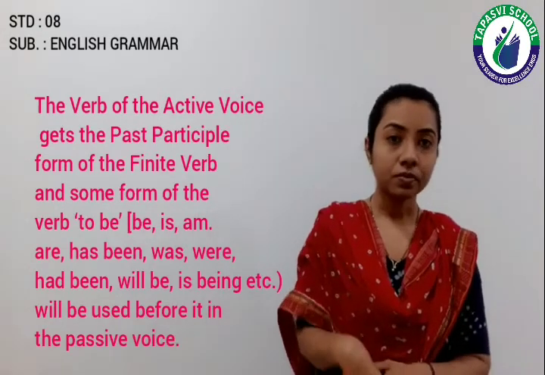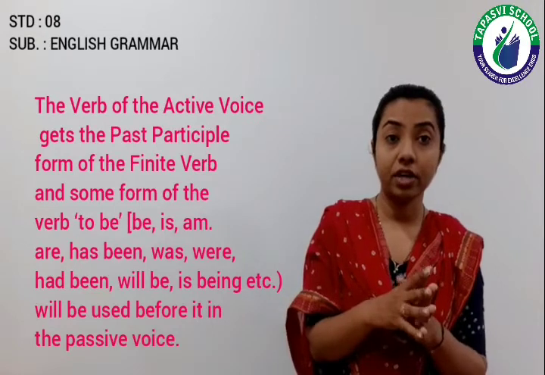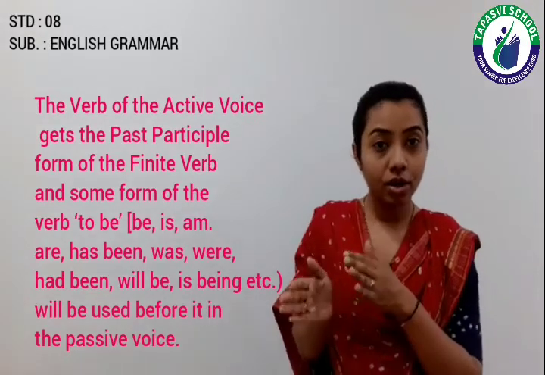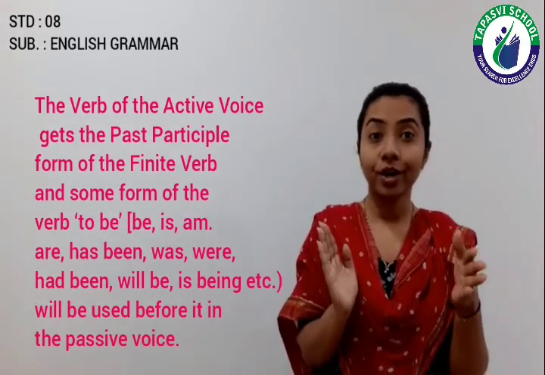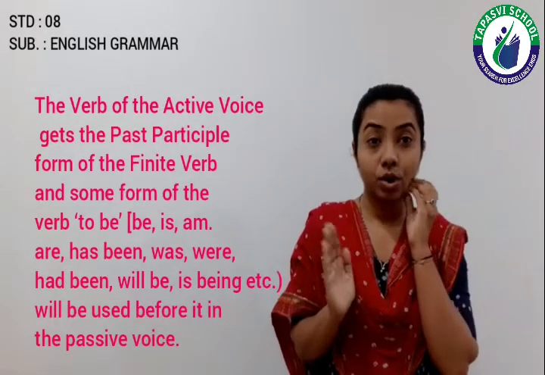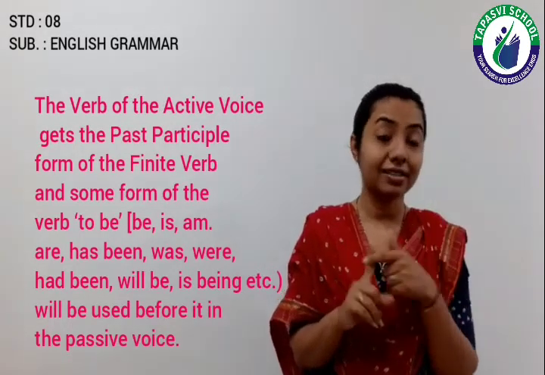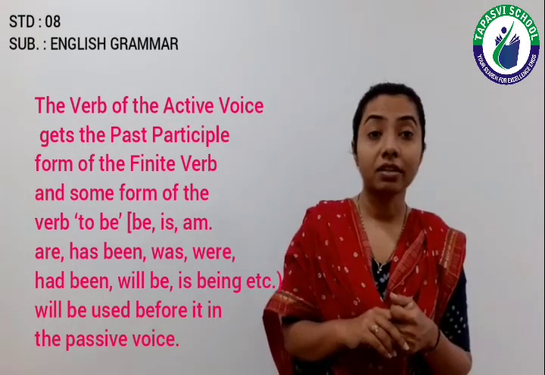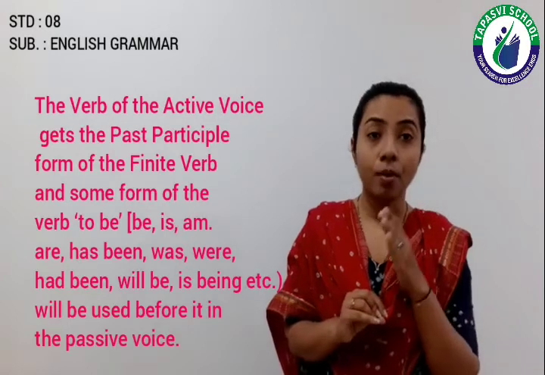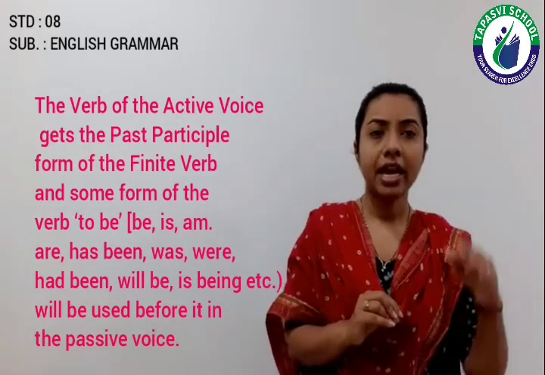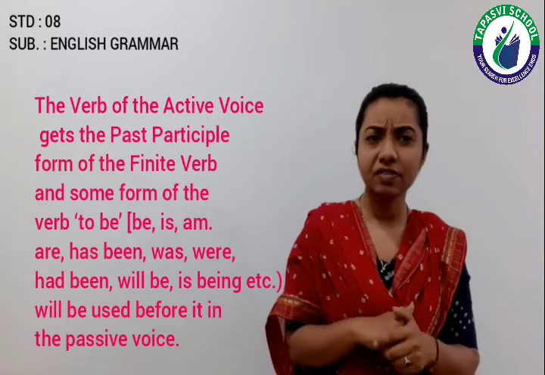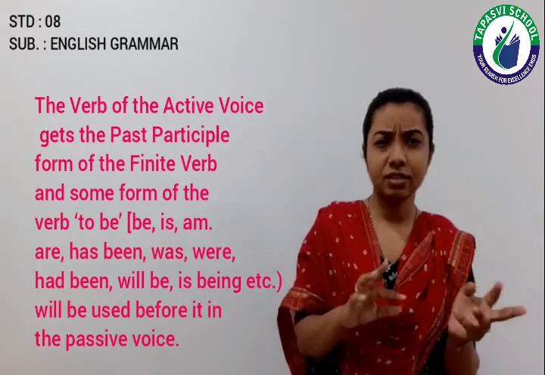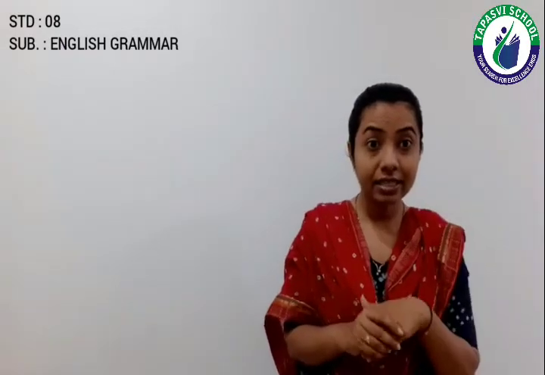So in passive voice, what have we done? A song, blank, a boy. A song is singular, so which to be's form will we put? That is, a song is. Now let's recall, what was the verb? A boy sings a song. Sings is a verb, right?